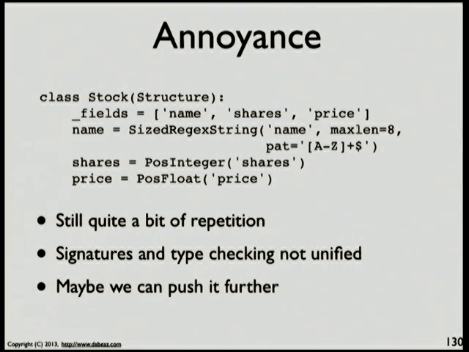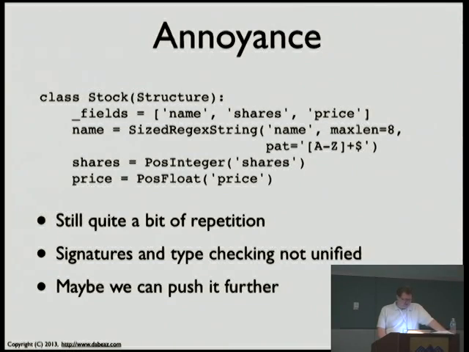Okay. The thing we're going to start with here is this annoyance that we kind of ended with. We've been messing around, and we kind of have two different things going on at the same time here. We've got this signature checking stuff, and then we've got this type checking, value checking stuff. And they're not really unified together very well at this point.